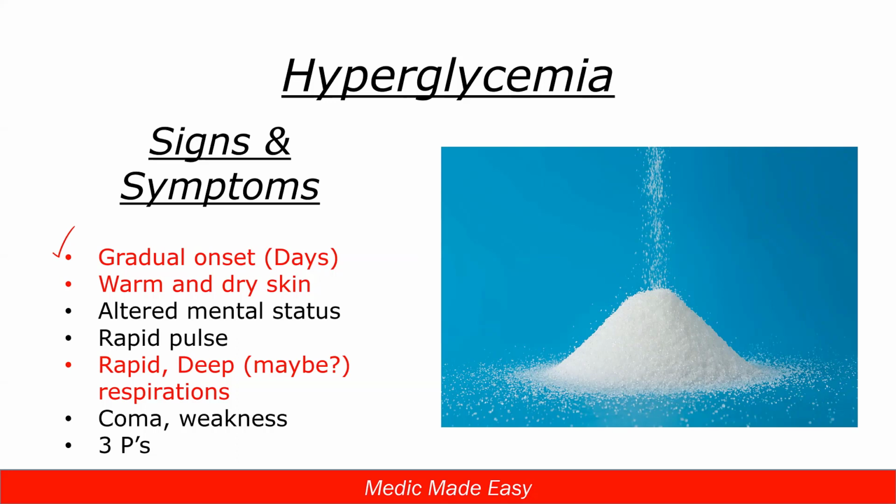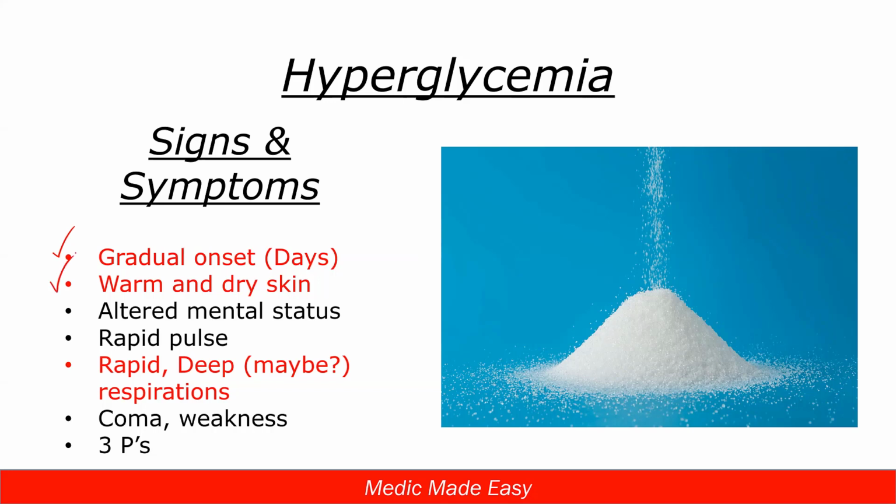So if the scenario says they've been feeling poorly for 4 days and now they're altered today, and it's a diabetic problem, you know it's on the high blood sugar side, not likely the low blood sugar side. They're much more likely to have warm and dry skin.